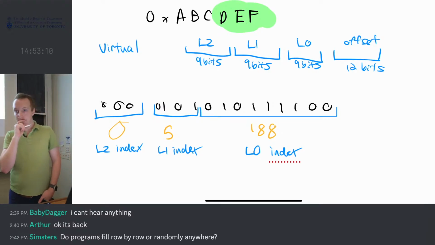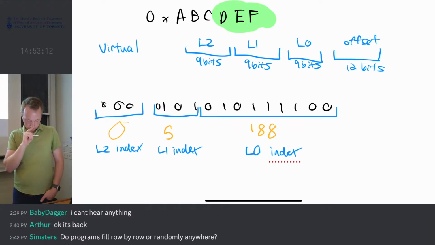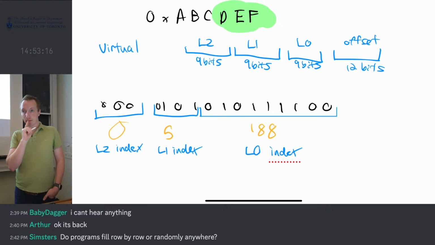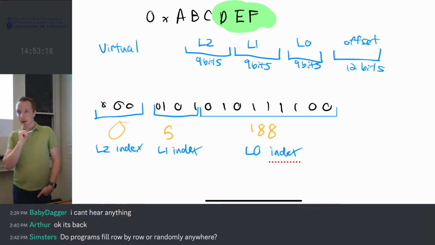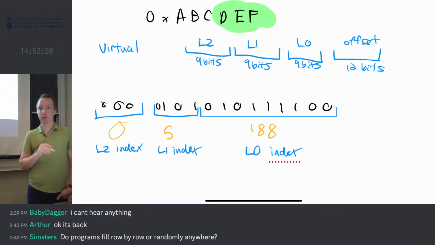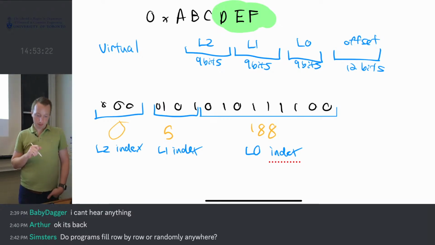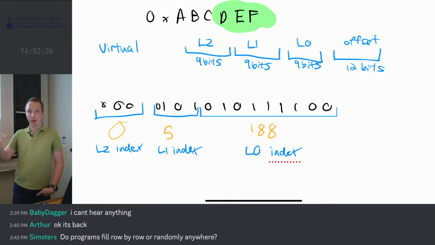Yep. So the reason, like, the offset is just the starting address for the L0 index. No, it's the starting address for the physical page numbers, no? Is that why we don't care about it? So the offset is just where you are within a page, right? So you don't have to translate it because it's going to be the same.